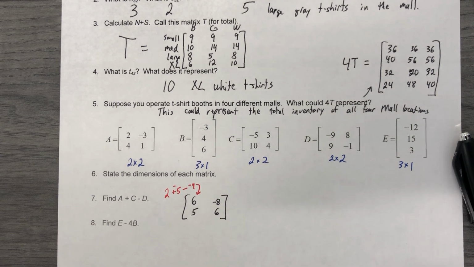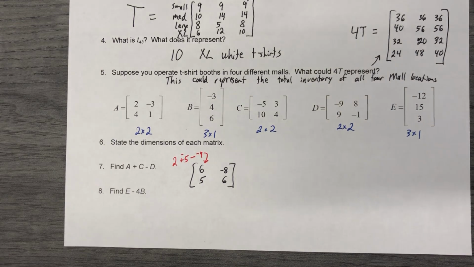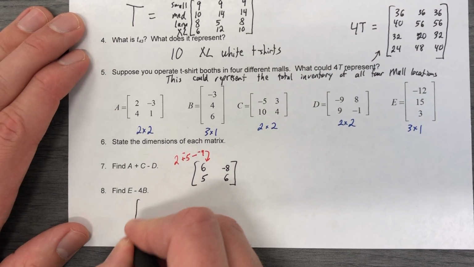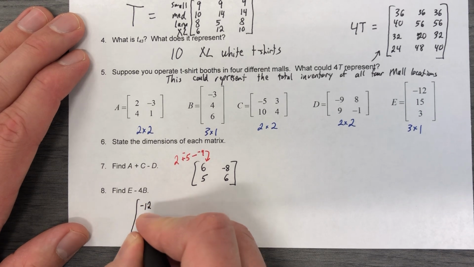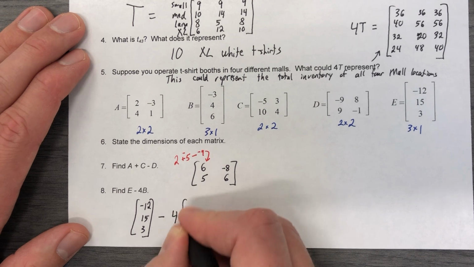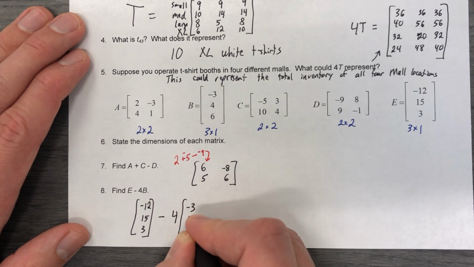There we go. Okay, I'm going to show a little bit more work on number 8. I was looking at the 4 there. And as I do, you'll see where this is going. So here's E. And then minus 4B.